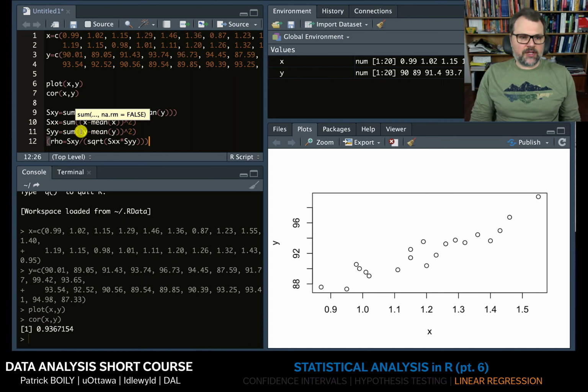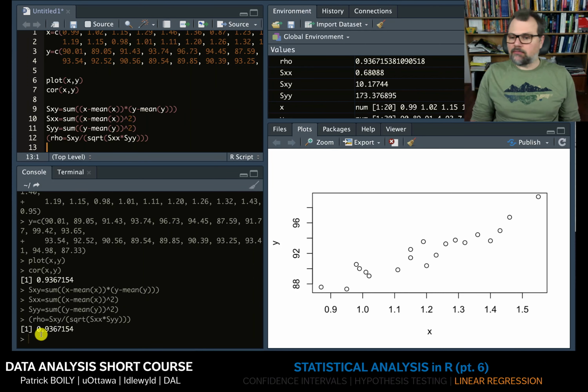SYY would be the sum of the square of the differences between the values of y and the mean. And out of this, we can build a correlation coefficient rho. It is going to be SXY divided by the square root of the product of SXX and SYY. And sure enough, we get the same value, about 93.67%.